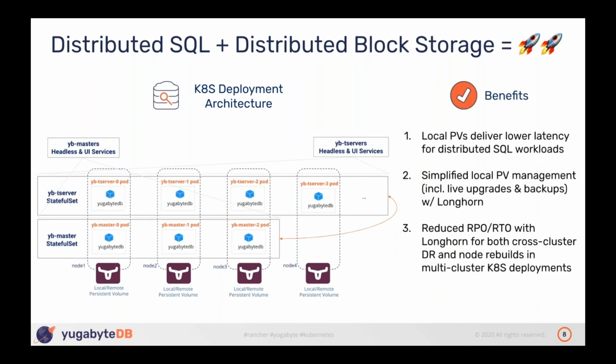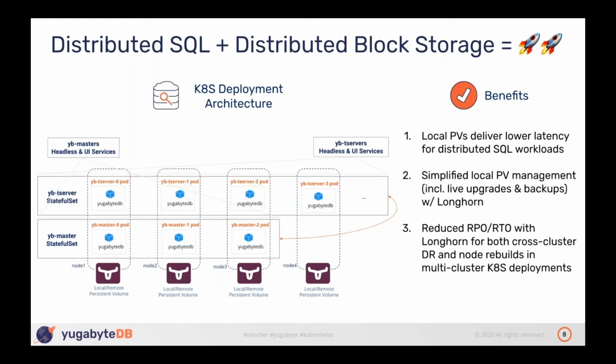First of all, from a distributed SQL workload standpoint, if we use lots of local PVs as opposed to remote PVs, there is a benefit around latency, because the data is essentially present right there in the node where my pod is running, and I almost never have to access outside that pod and bring the network into the equation. As a result, local PVs deliver higher performance and lower latency.